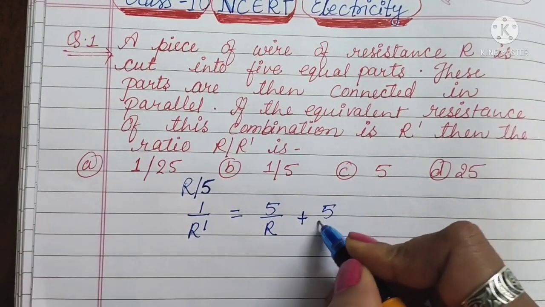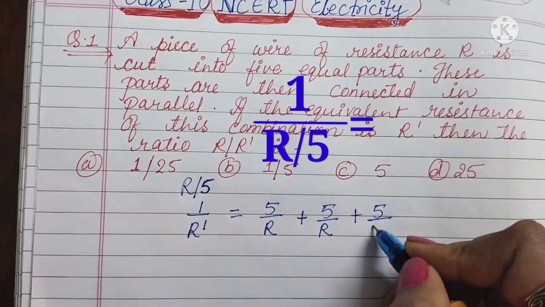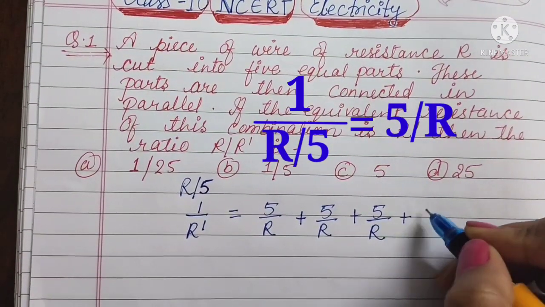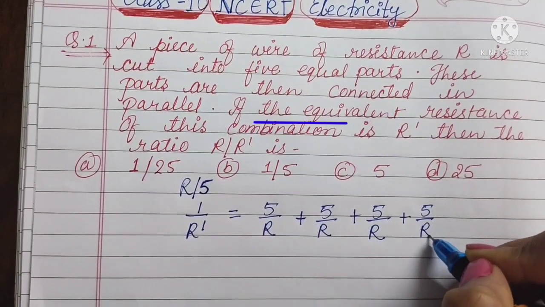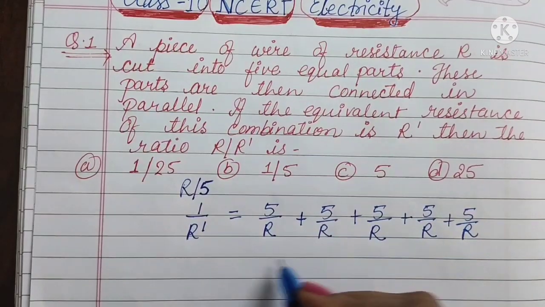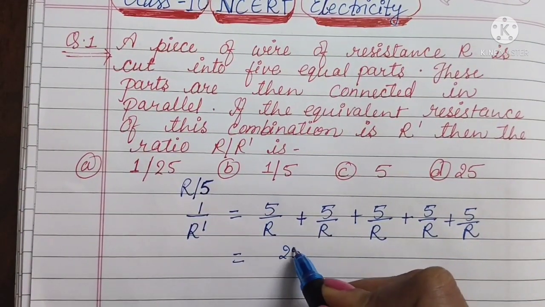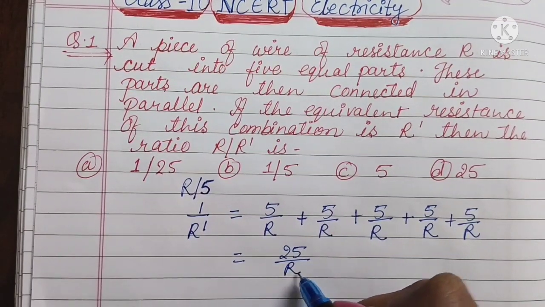We are writing 5 by R because 1 upon R by 5 will be equal to 5 by R. So plus 5 by R and one more time 5 upon R, which is equal to 25 upon R.